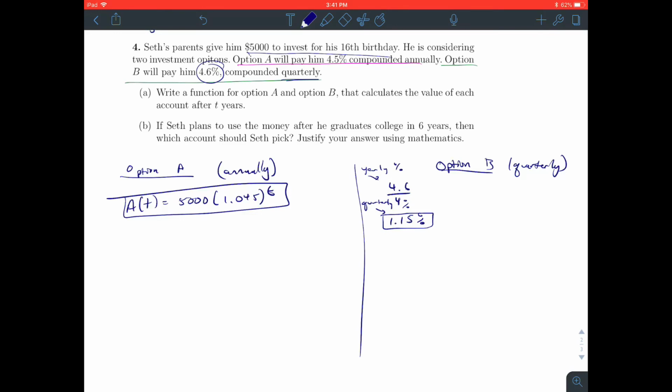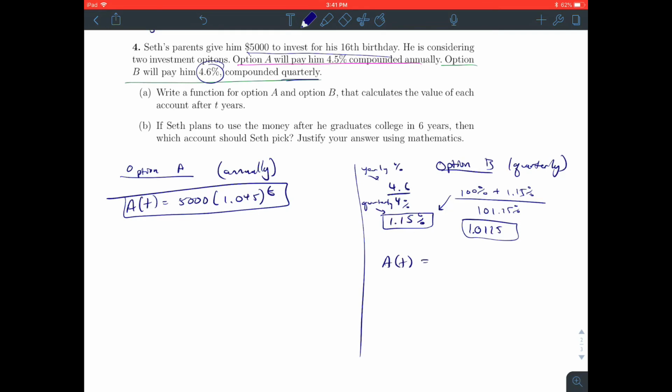Next up, we have to convert this to the decimal version, but before doing that, if we're increasing by this percent every quarter, we'll do 100% plus 1.15%. These give us 101.15%, which becomes 1.0115 as a decimal version.